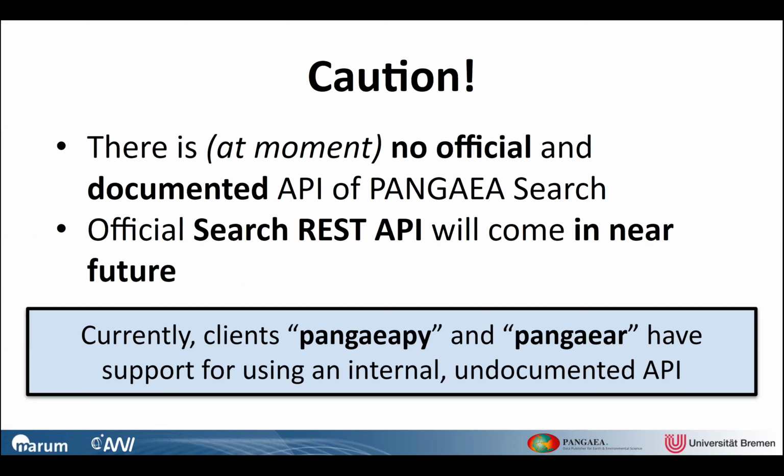So it's a little bit limited. For example, it returns HTML pages and all that, but Pangea Pi is quite good in parsing that. So you have to keep that in mind. Unfortunately, I told that last year already, but we have a lot to do at the moment. So we still have no public API for the search interface. That's the only downside. We will inform you if there's one available that's officially usable and documented.